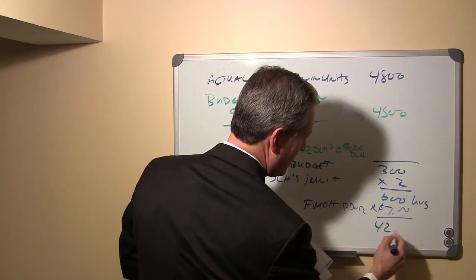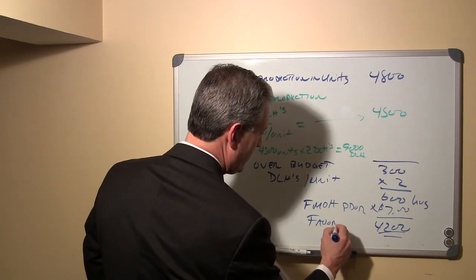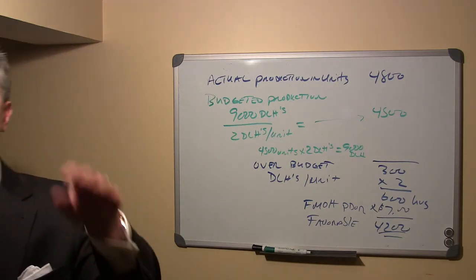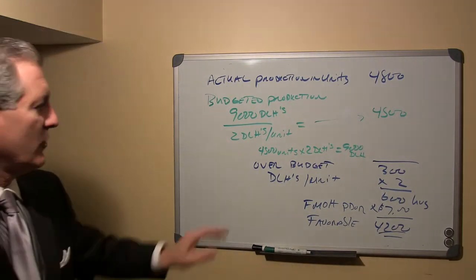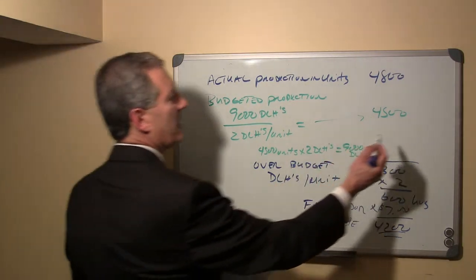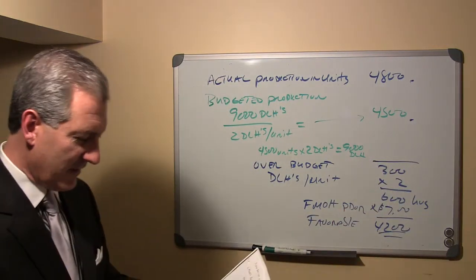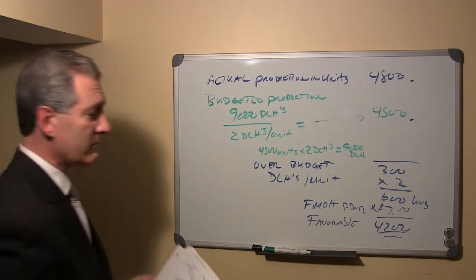You can see they had $4,200 favorable volume variance. Whenever the actual volume is greater than the budgeted volume, you will always have a favorable variance. And that's exactly what happened here. They budgeted 4,500 units. They produced 4,800 units. Therefore, they had a favorable variance.